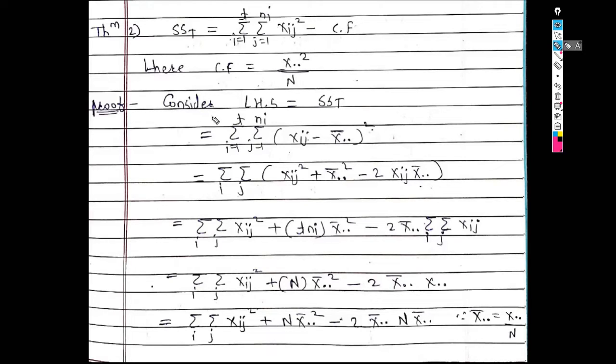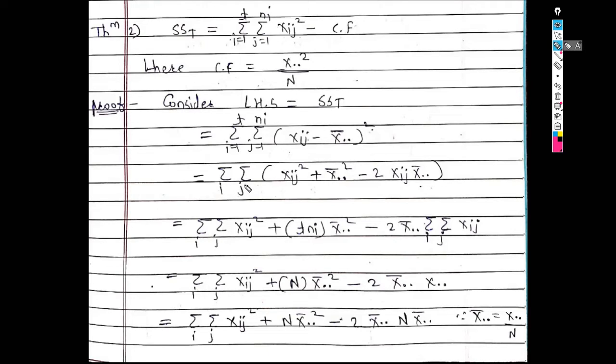First consider the LHS of the theorem, and the LHS is the total sum of squares. Total sum of squares is defined as summation over i summation over j (x_ij minus x dot dot bar) squared. Now just take the square of this term. So what we get?